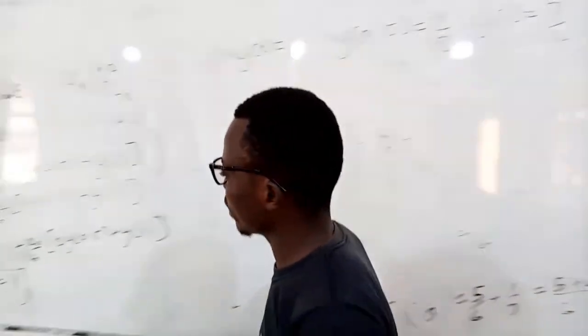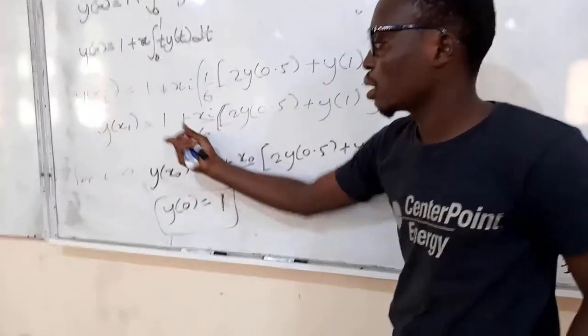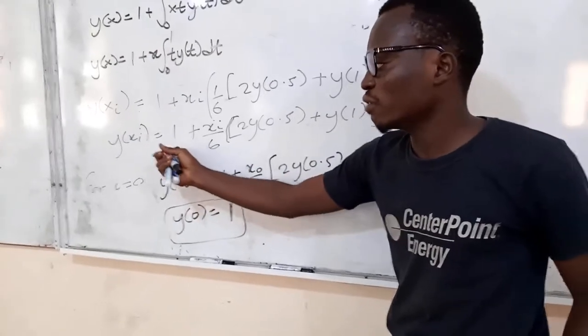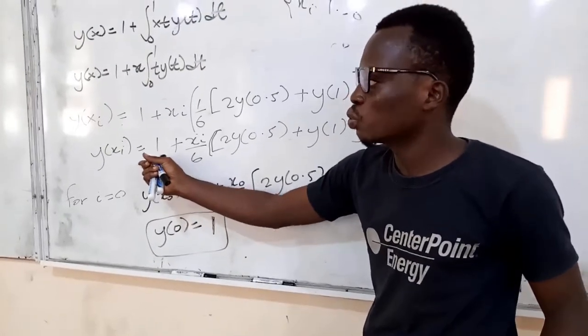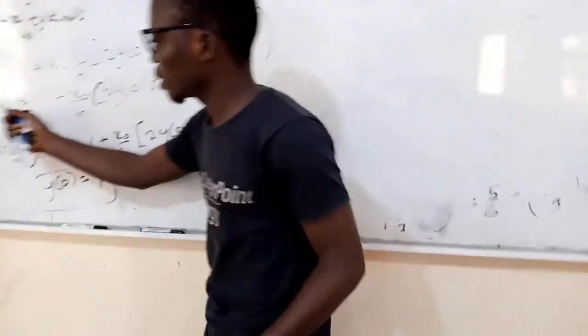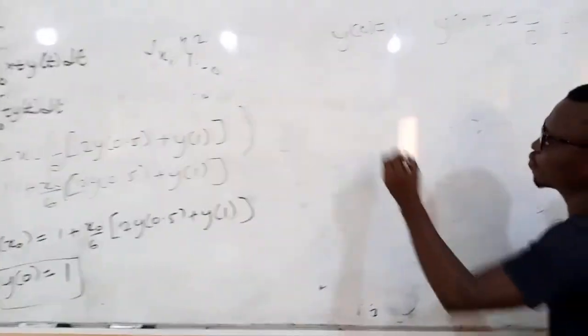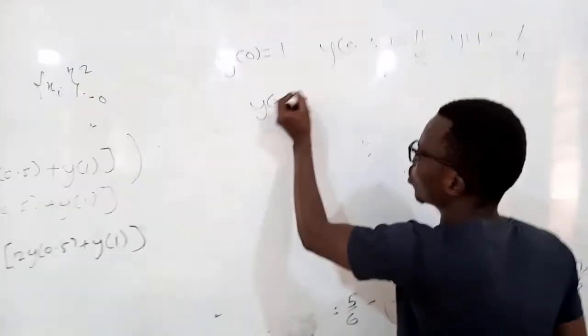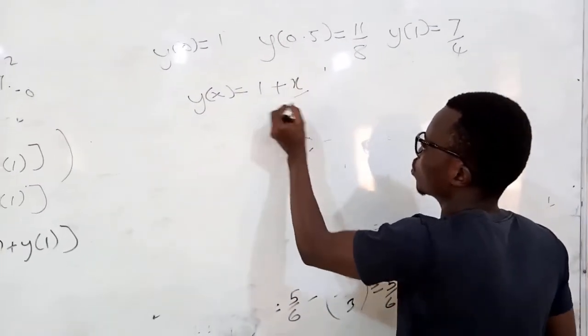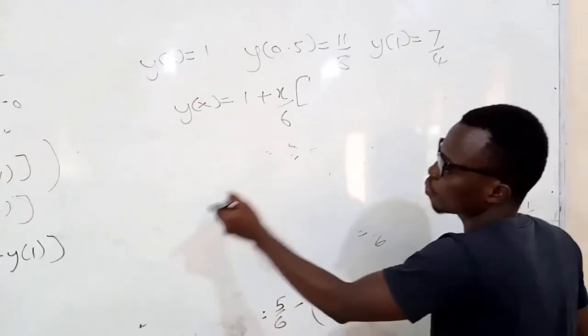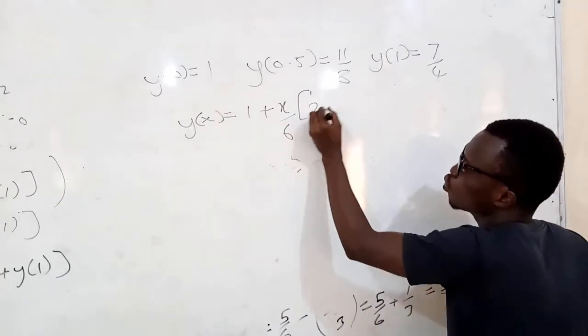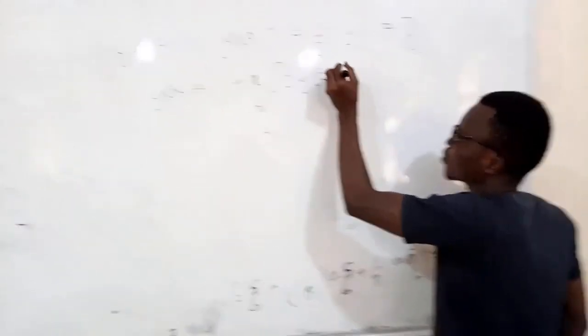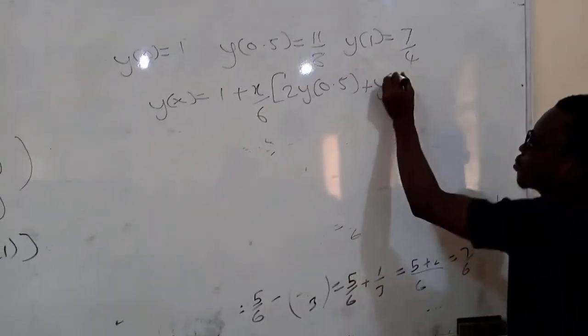So, from this side, to find for the unknown, for the approximate solution to the integral equation, let's drop the index, the i's. So we're going to have y of s to be equal to 1 plus s over 6 into bracket, which is the same as 2y of 0.5 plus y1.